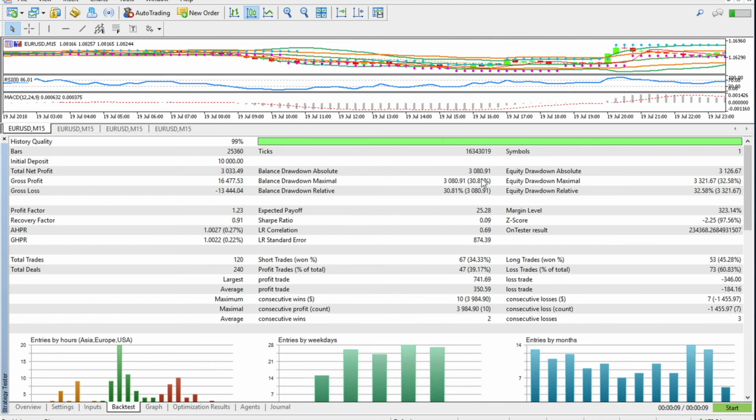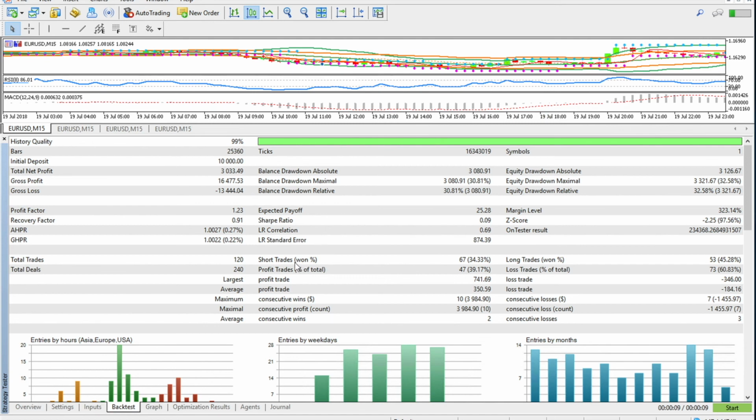What the drawdown maximal is, basically, is the expert advisor lost $3,000 in one trade, and with our initial deposit at 10,000, if this was the first trade, right there we are down to $7,000. So this is something to tackle in the future and hopefully reduce this amount.